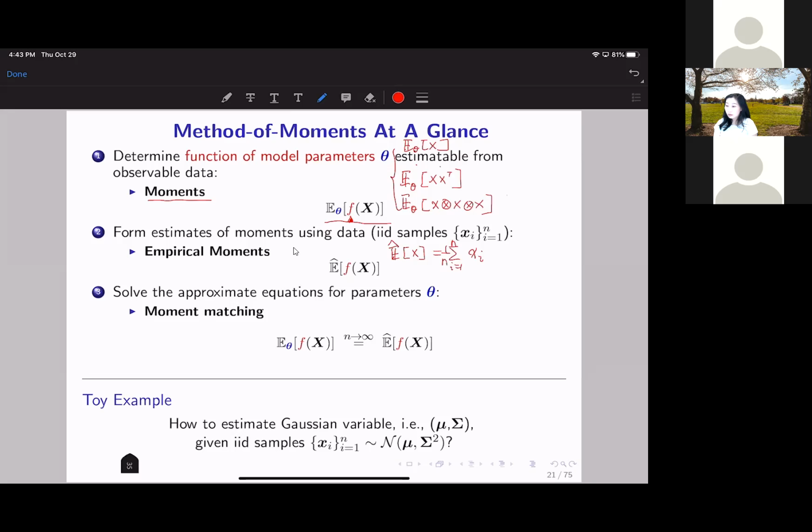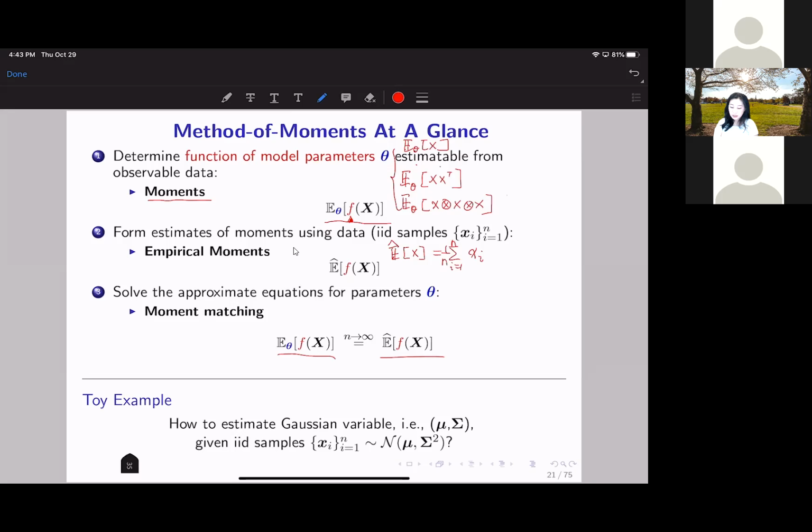Because based on concentration inequality, which is also what we learned at the beginning of the class, when n goes to infinity, these two quantities will be exactly the same. This is just concentration. We're not even using a concentration bound. It's just the law of large numbers, maybe, or central limit theorem, something like that, right? So you know that this expectation will be the same as the empirical estimation when your data is infinite. You have an infinite number of examples, right? So you're going to make these two equal.